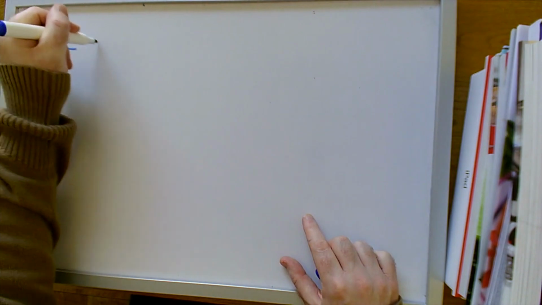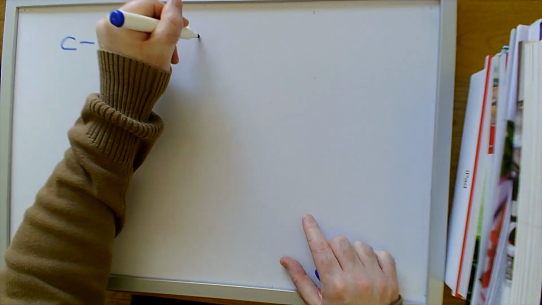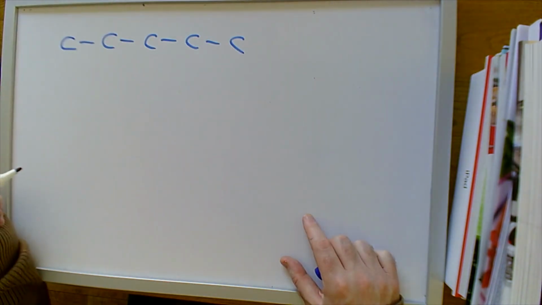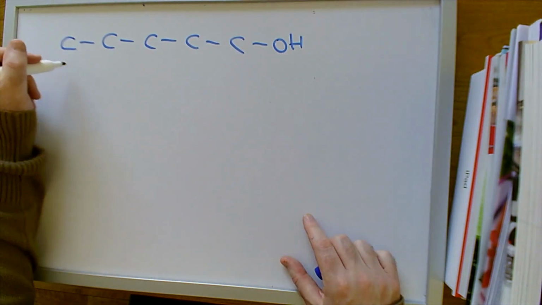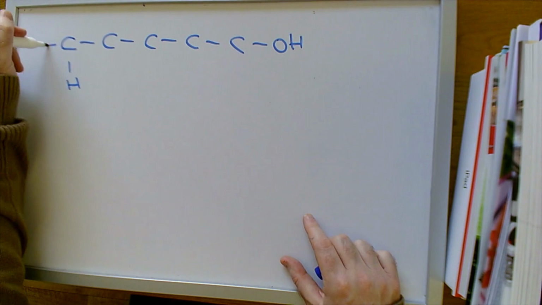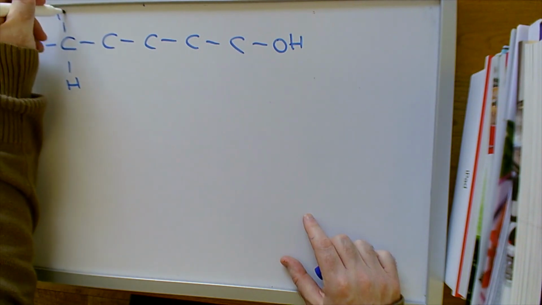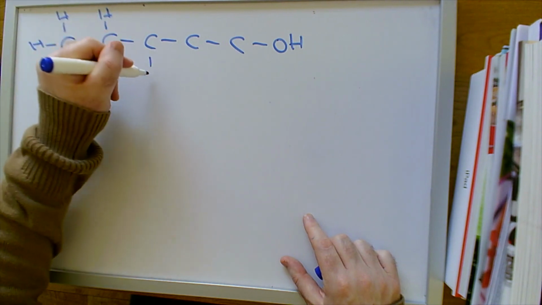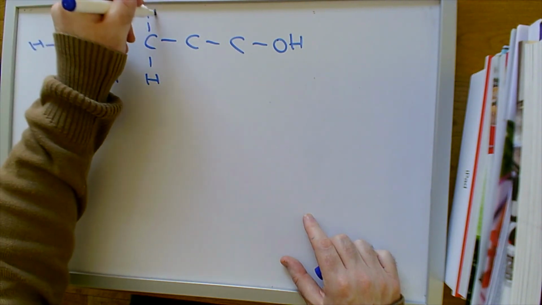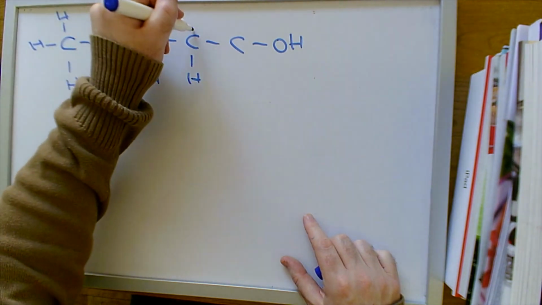So I'm now going to draw an alcohol that has a chain of 5 carbons. And I'm going to put the OH on the end like I've done previously. And I'm going to put in all the hydrogens, making sure that each carbon has 4 bonds. Now once I put the hydrogens in, I'm going to number the chain.